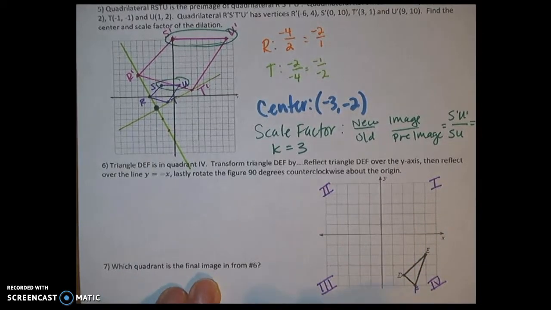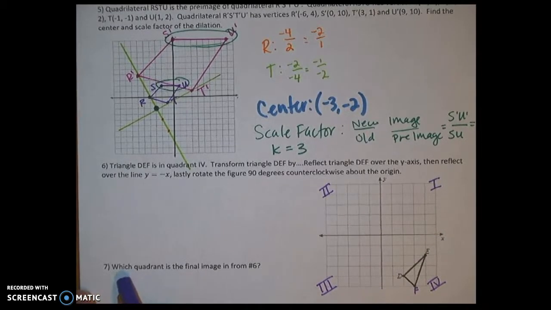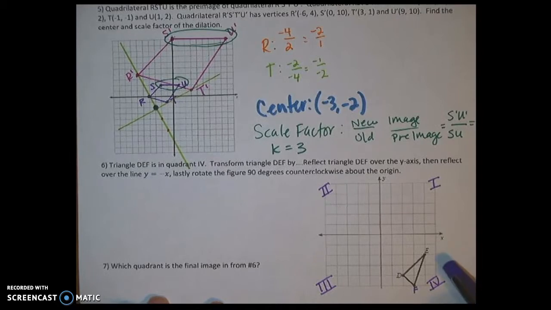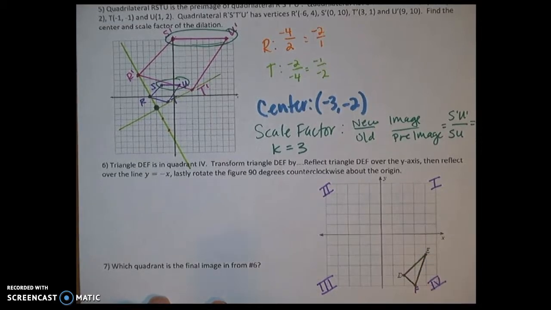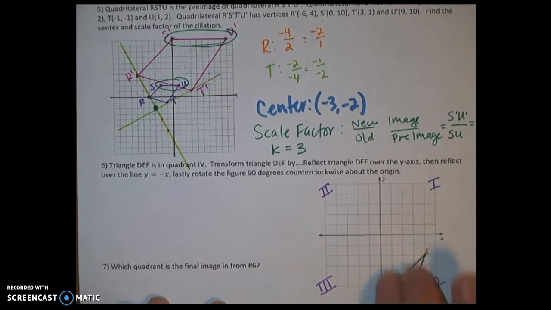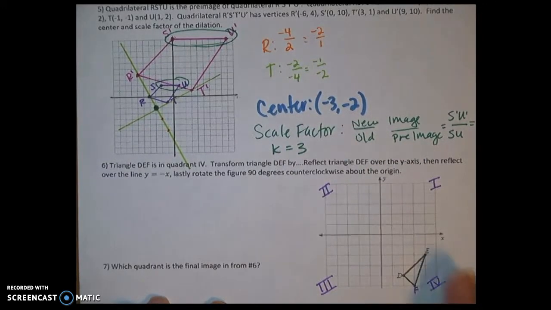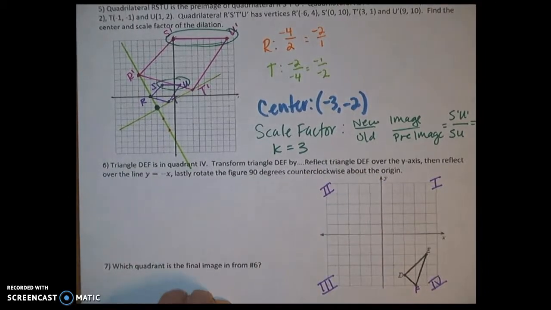So we've got 4 quadrants, and the final question on something like this may ask you where the final image is. Notice that right here, this triangle DEF is completely in quadrant 4, so it is fully included in quadrant 4. So anything that's fully included in quadrant 4 is going to be fully included in another quadrant for our purposes for this problem.